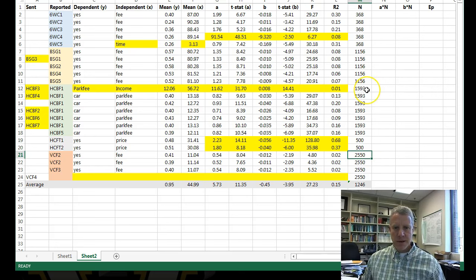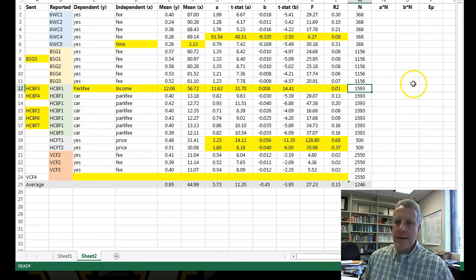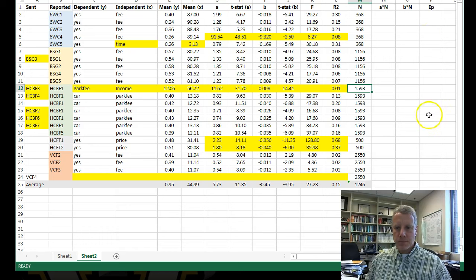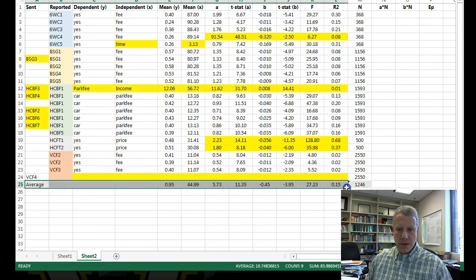And actually for High Country Beer Fest, I will use that number for this exercise. That's fine.